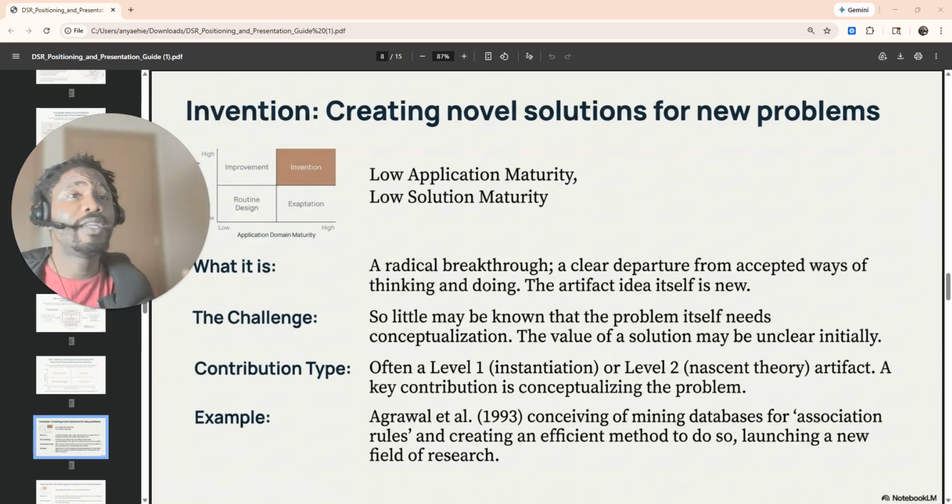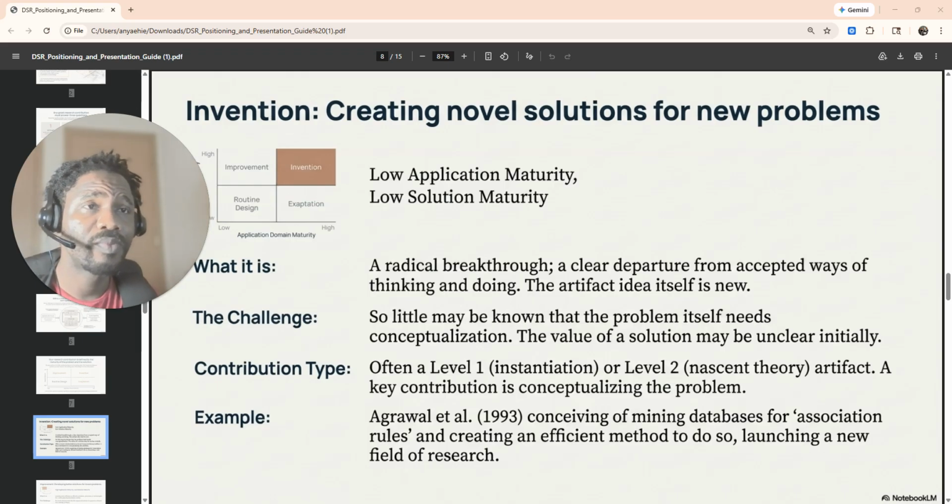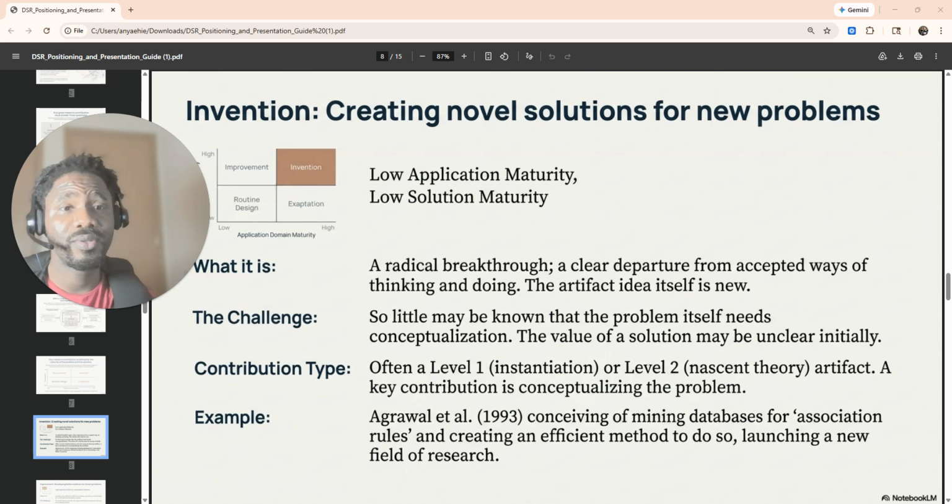So you're making a novel solution for a new problem that we barely understand, and this is like a radical breakthrough. A classical example is the first data mining algorithm. Before this data mining algorithm, we didn't really have the concept of mining data for association, nor did we even have the tools to do it. So it wasn't there before.